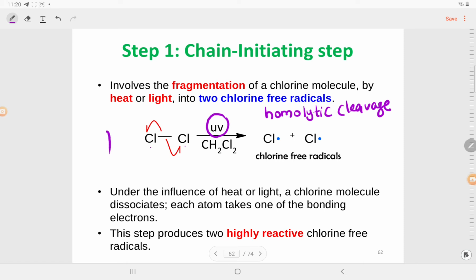You must use a half-headed arrow: one electron goes to the first chlorine and the second unpaired electron goes to the other chlorine. Finally, we form the chlorine free radical with an unpaired electron, which is a highly reactive species.